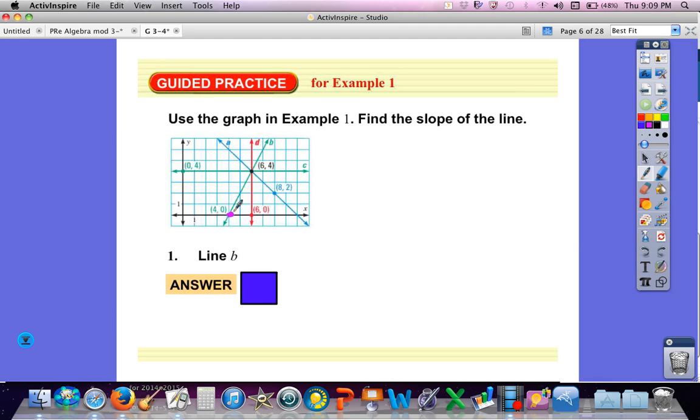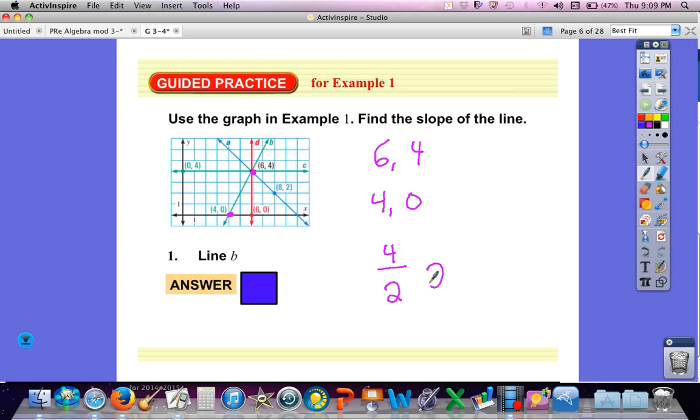So I'm going to use 2 points on B. I'm going to use 6 and 4 and 4 and 0. So first, I'm going to subtract my y values. So 4 minus 0 is 4, and 6 minus 4 is 2.